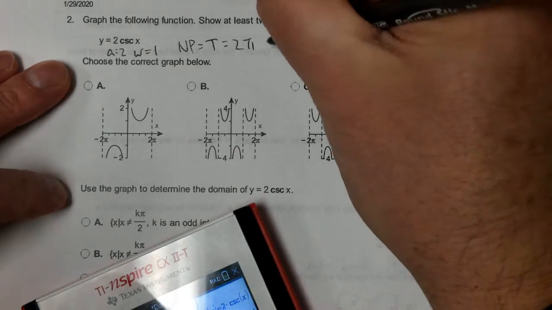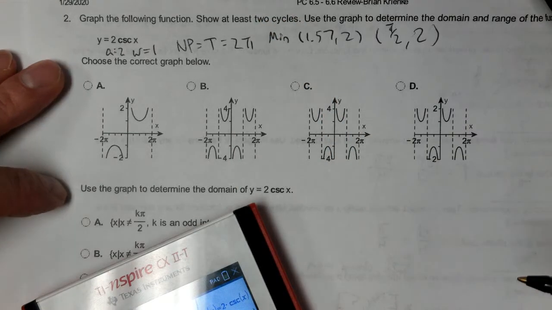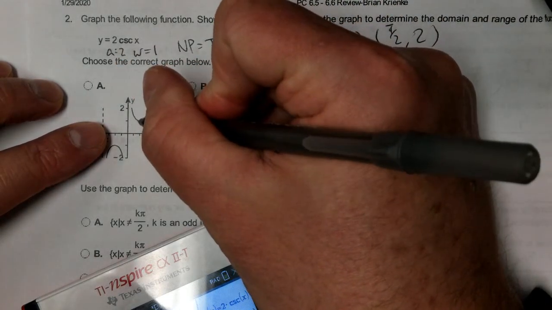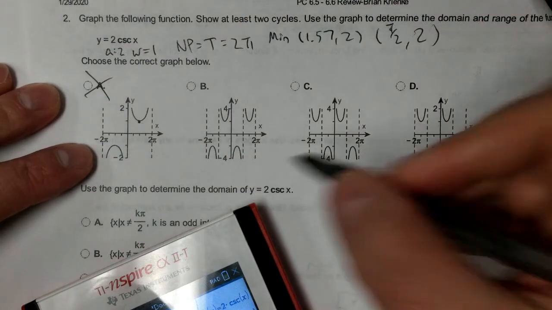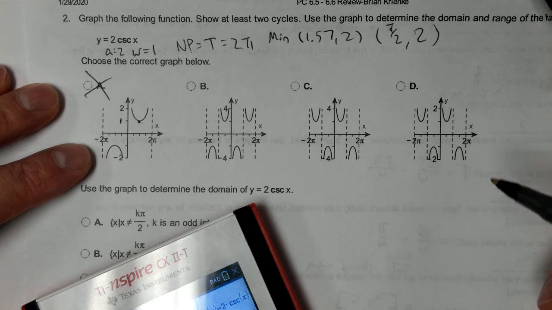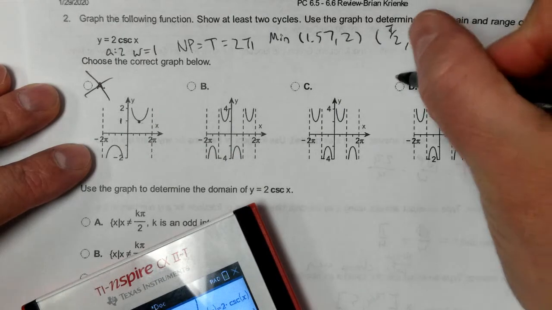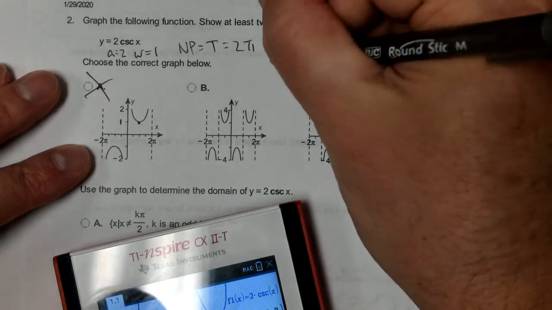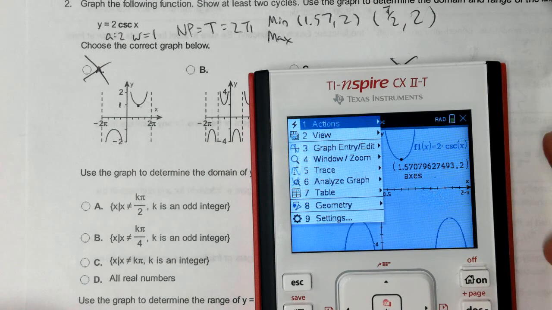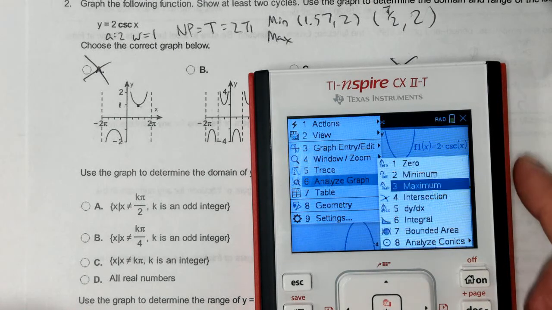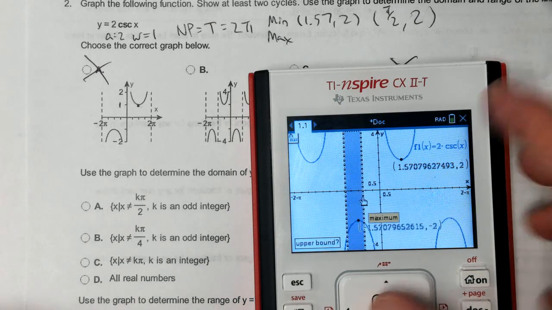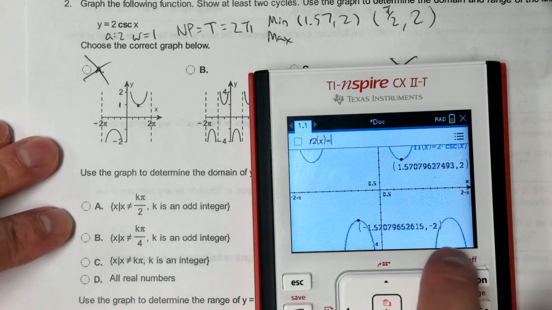So that's a minimum. So based on that, it can't be this one because the minimum's at 1, because it goes 1, 2. Correct. And if you do your maximum, analyze maximum from here to here, it's negative 1.57, negative 2.